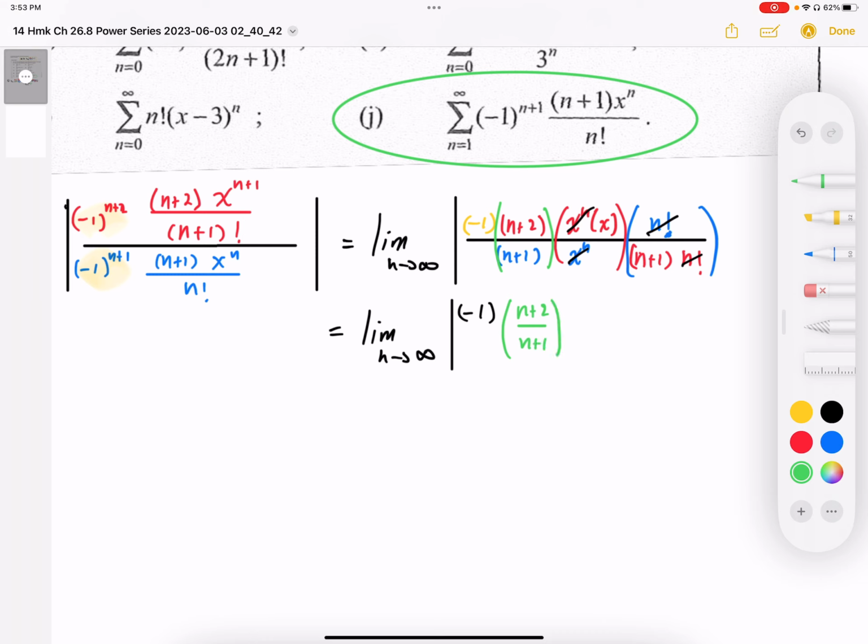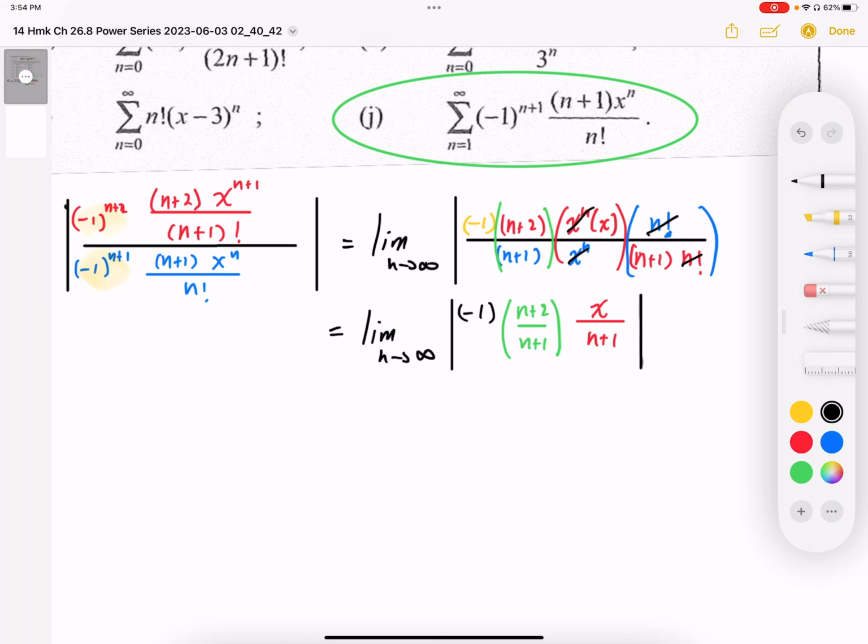We have our x, and we have all this over n+1. So we've got that grouped together, and we're going to put those together and we can evaluate this.